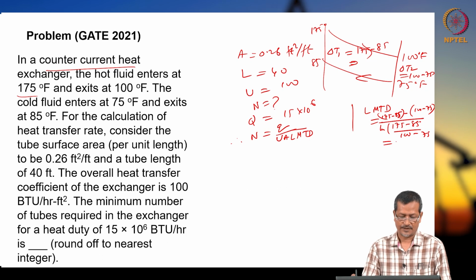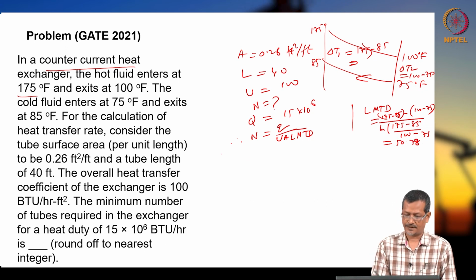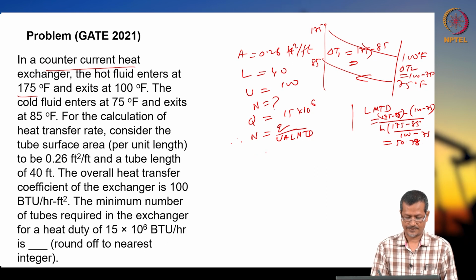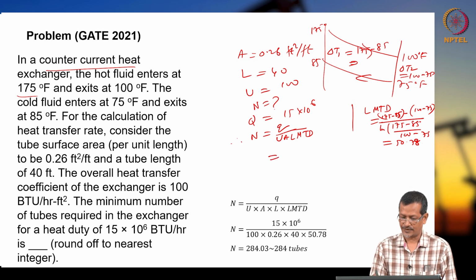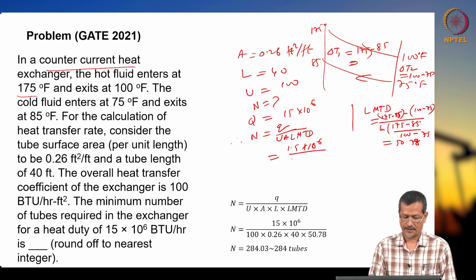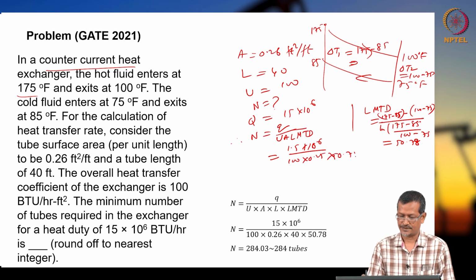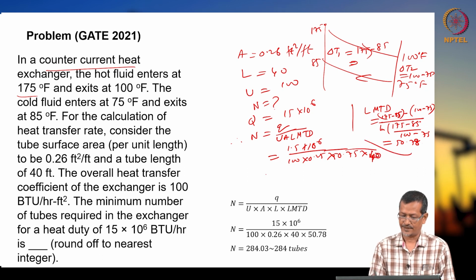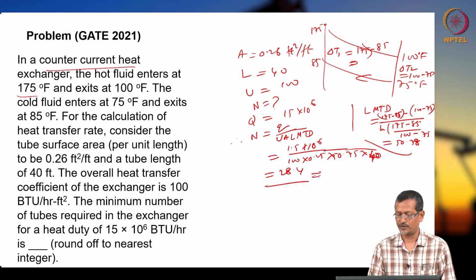So it is giving 50.78. So N value is coming like 1.5 into 10 power 6, U value 100 given, A value given 0.26, LMTD 50.78, L value given 40. So this will be the minimum number of tubes.